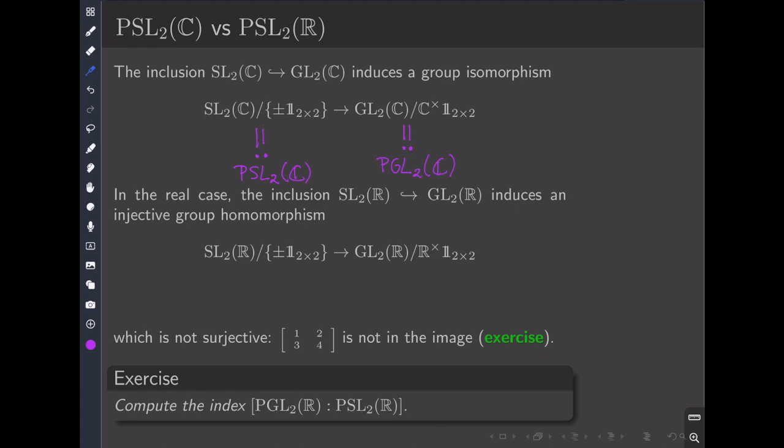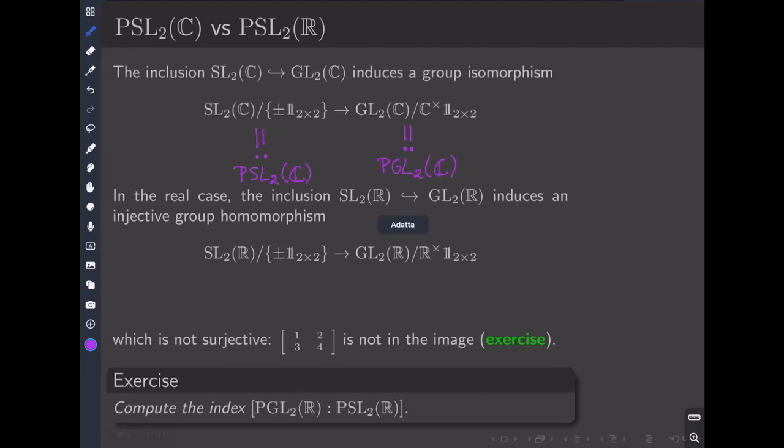Now in the real case this fails. In the real case we would consider the special linear group and the general linear group again, and the induced group homomorphism is easily seen to be injective, but it's actually not surjective.